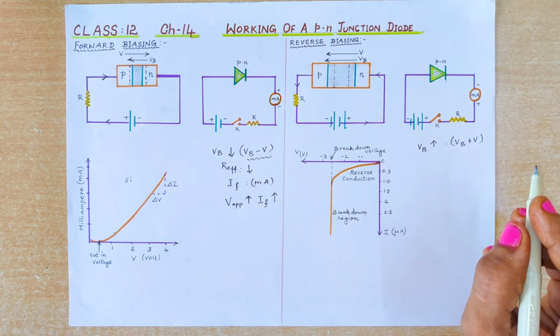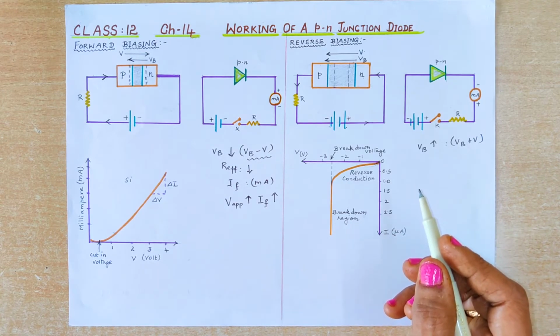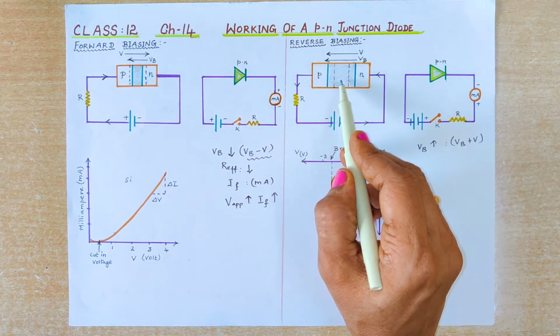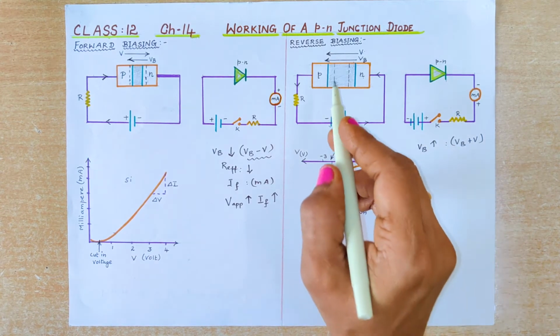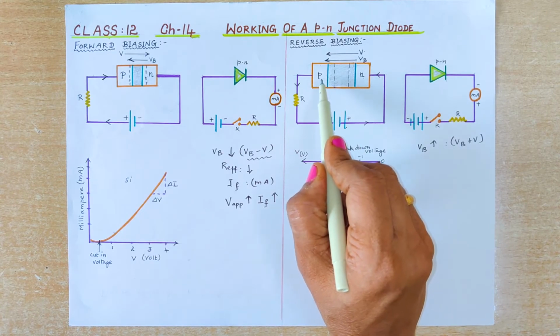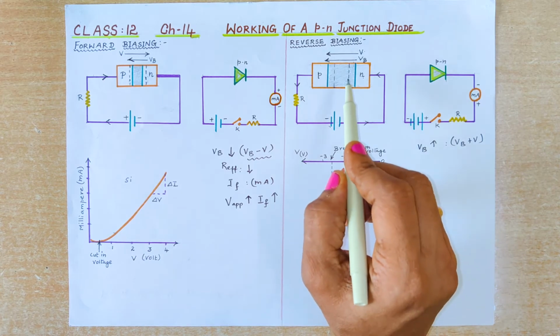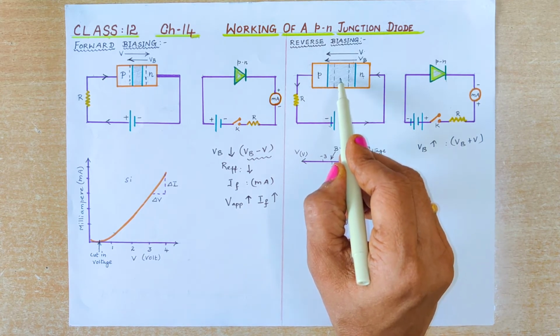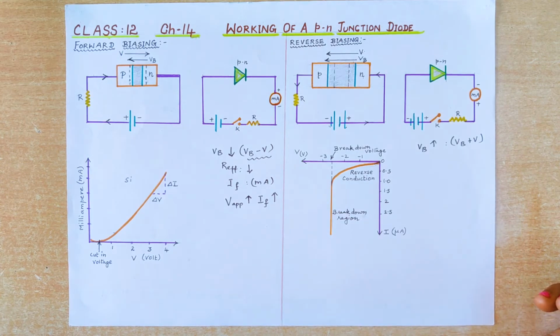You can also see the majority charge carriers move away from the junction, increasing the width of the depletion region. The holes will be pushed towards one side and the electrons towards the other. Therefore the width of the depletion region increases and hence it behaves as an insulator.